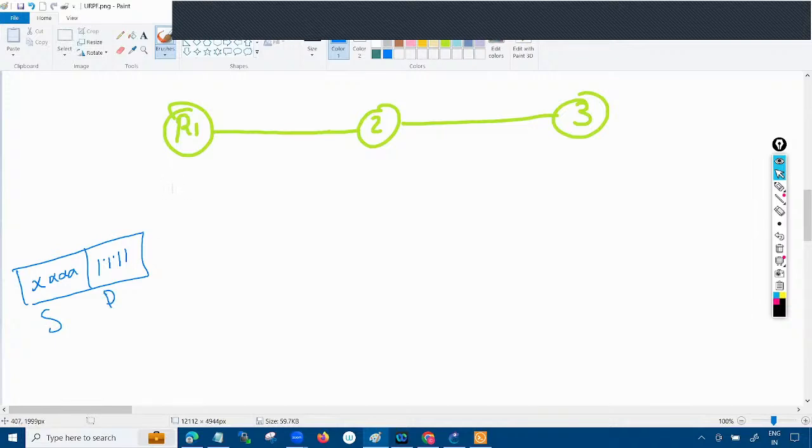So R1 has a route table with several prefixes, including a /8 and a /16.